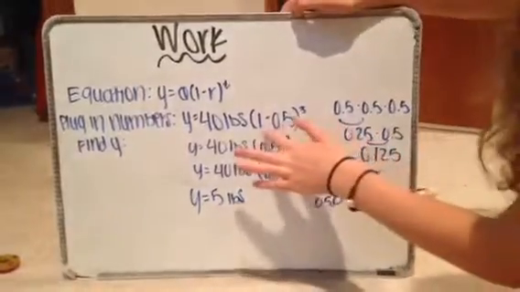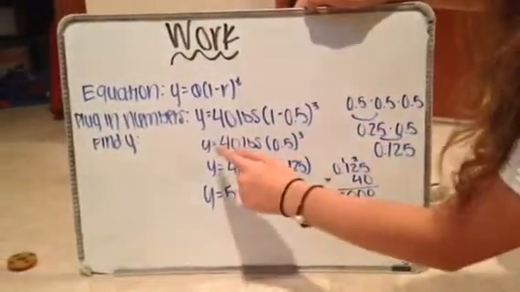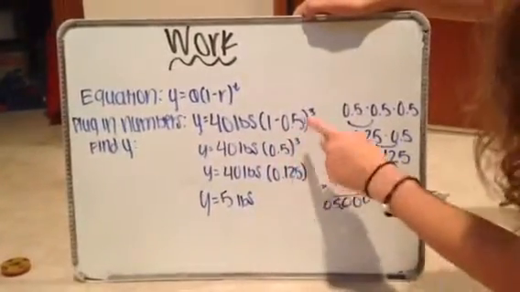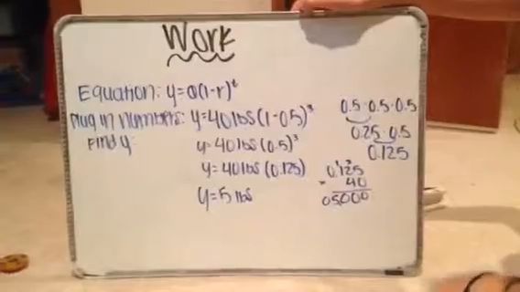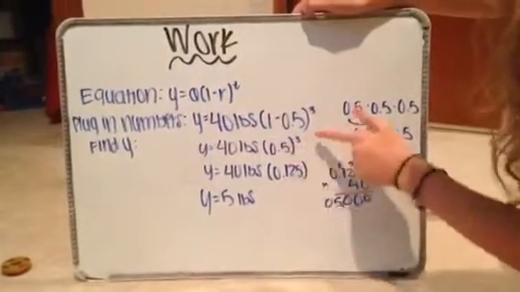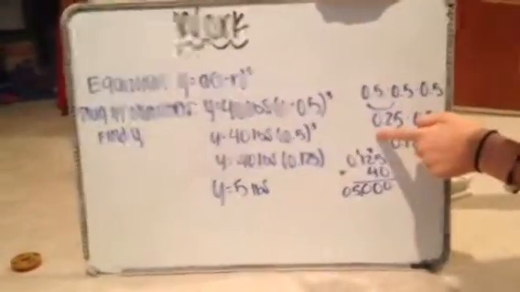So then you do 1 minus 0.5, which gives you 0.5. So then you have y equals 40 pounds times 0.5 to the power of 3. And then the next step is to do 0.5 to the power of 3. So over here you see that 0.5 times 0.5 equals 0.25.